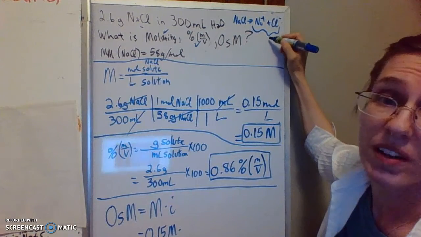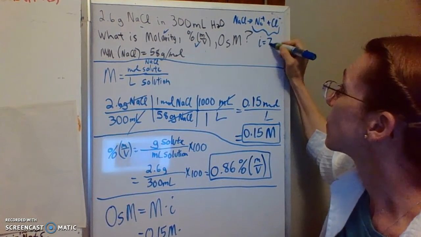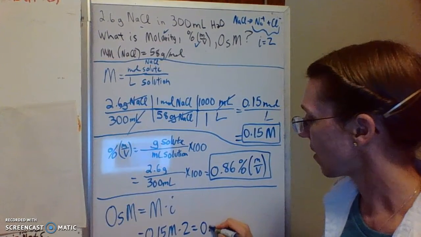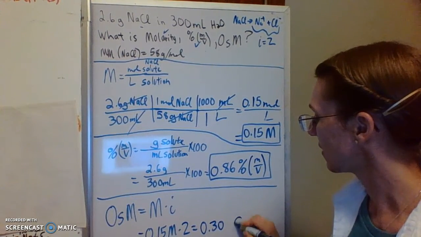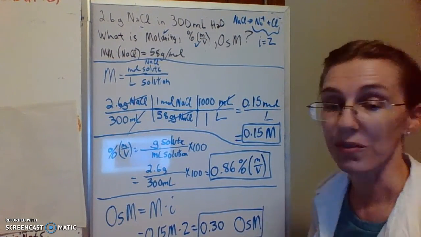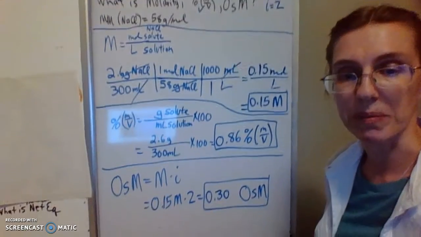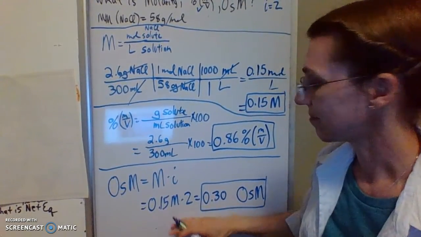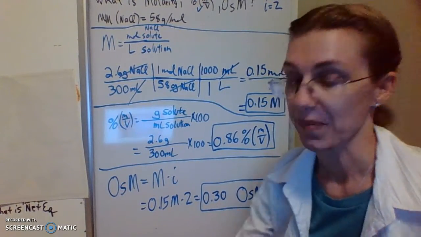We have 2 particles there. So our i equals 2. And so our osmolarity is 0.30. Let me put that down there so you can focus in on that and get that answer down there.